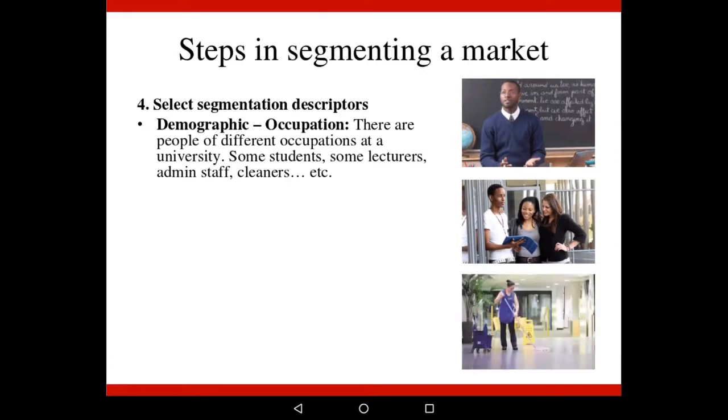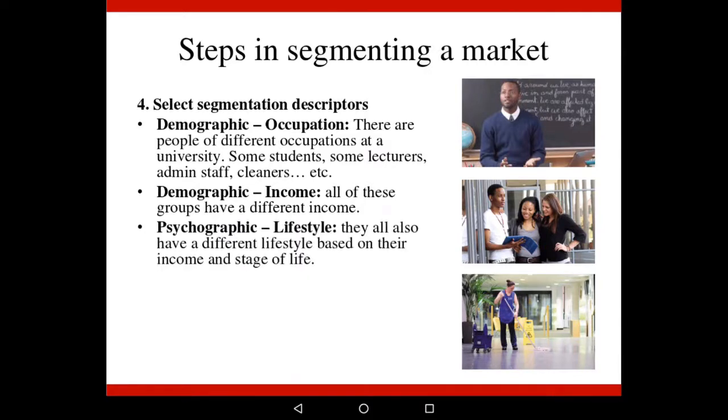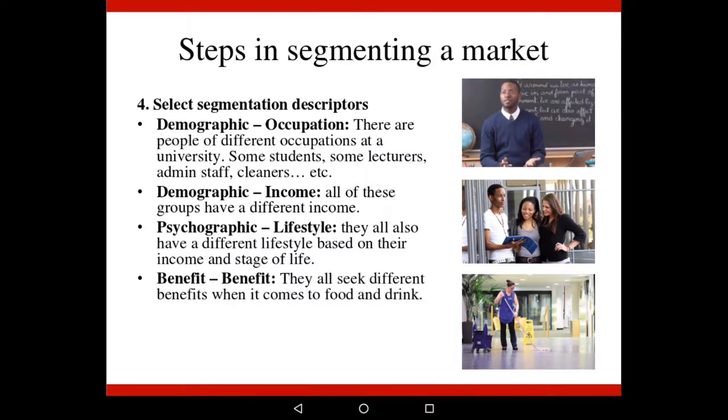Then, there is income. Those different groups will have different income levels. Okay, that's also demographic. Then, of course, we have lifestyles. There are different people who eat differently. They have different lifestyle choices when it comes to food. So let's use psychographic. And then benefit. There are people who seek different benefits when it comes to food and drink.